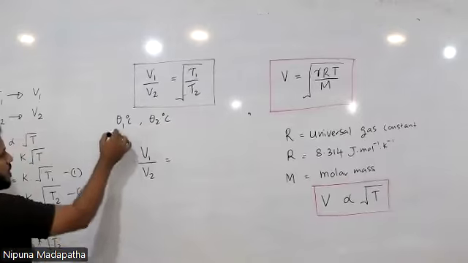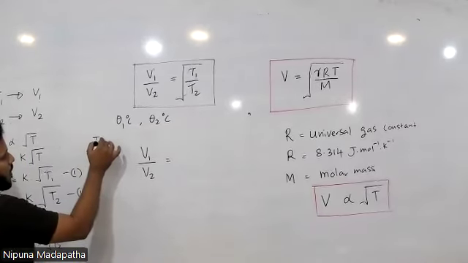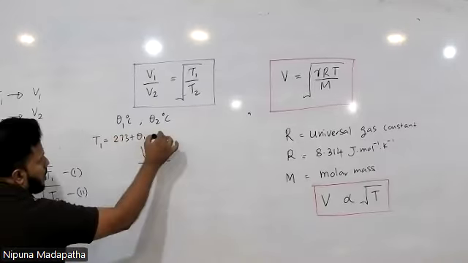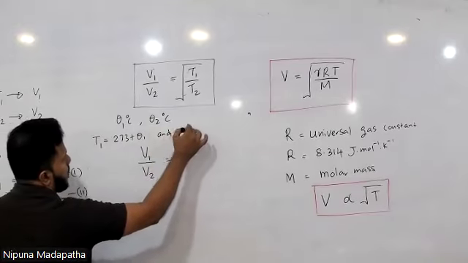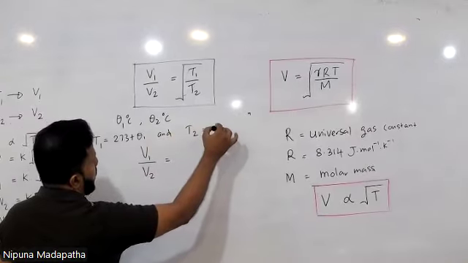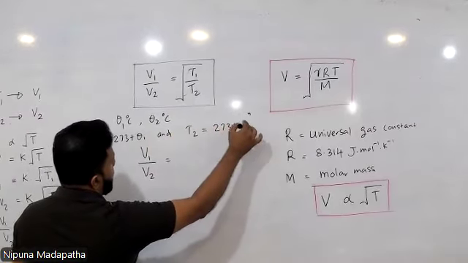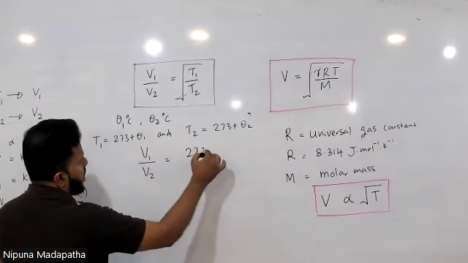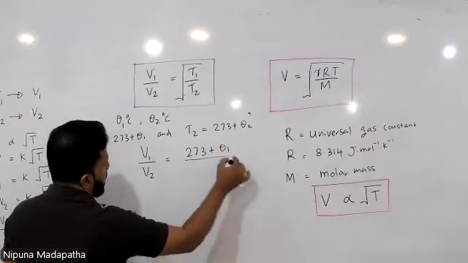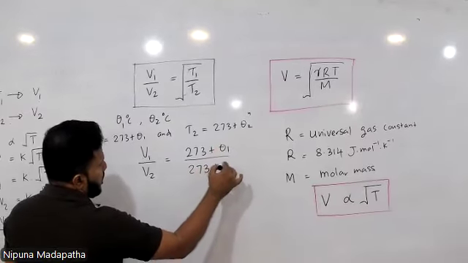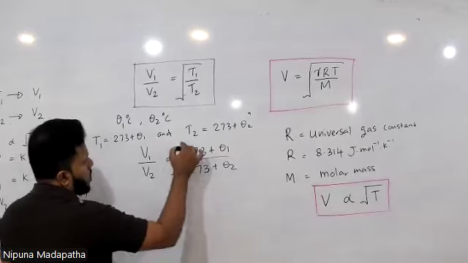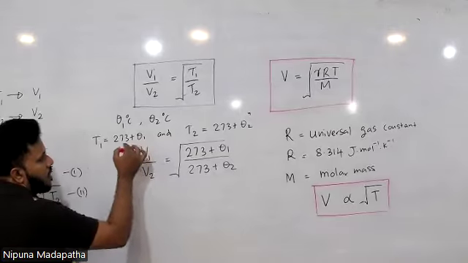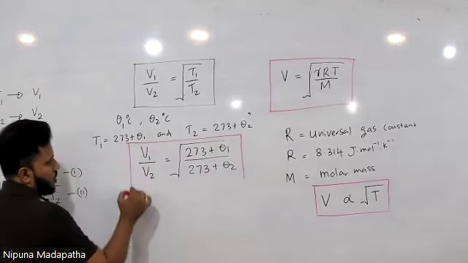T1 is 273 plus θ1, and T2 is 273 plus θ2. Then the expression is the square root of 273 plus θ1 divided by 273 plus θ2. When the temperatures are given in Celsius, you can use this.